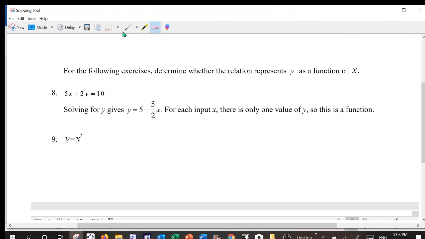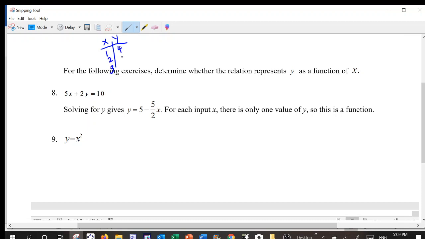I'm going to give you some examples of a relation. So in algebra, a relation is basically a set of ordered pairs.